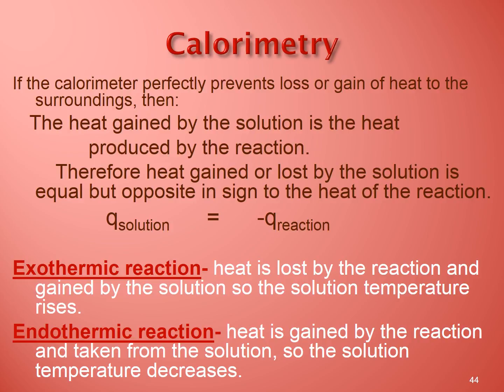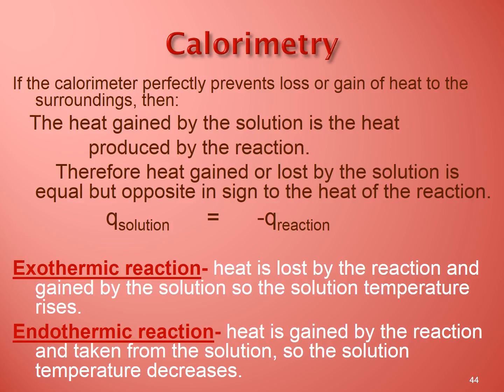If the water heats up, that means the reaction itself was exothermic and let that heat out. The opposite is true if the temperature goes down and your calorimeter gets colder: that means the reaction required heat, and so it took it from the solution, or from the water, to use in the reaction.